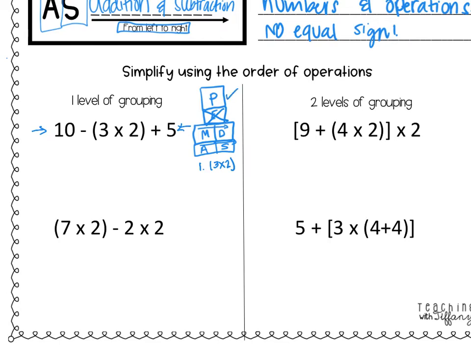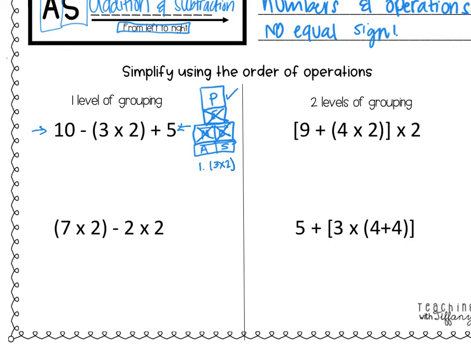And then we are going to do our multiplication and division from left to right. So, do I have any multiplication or division that's not inside of my parentheses? I do not. So I can't solve those. Next, we're going to do addition and subtraction from left to right. So whatever comes first in my equation.